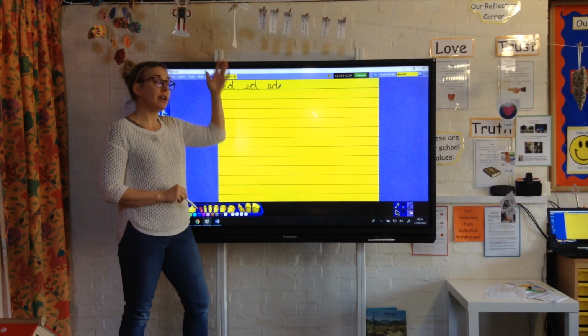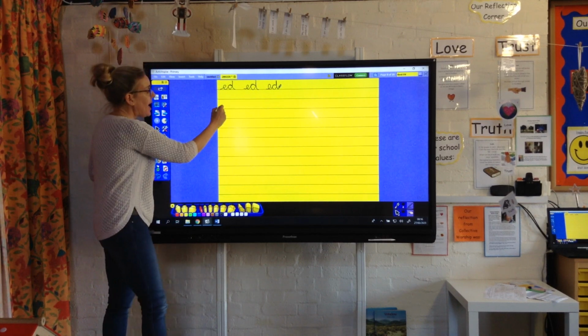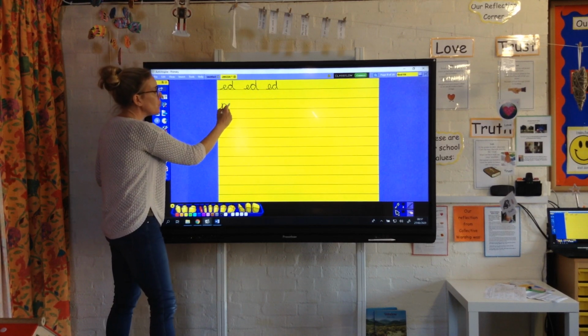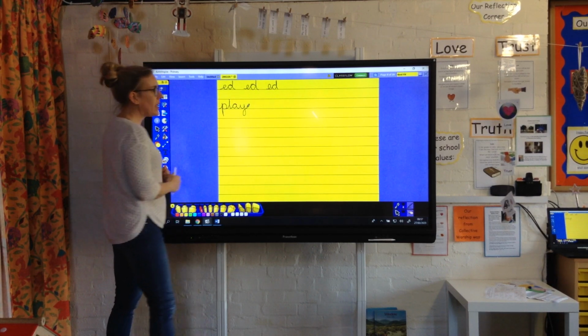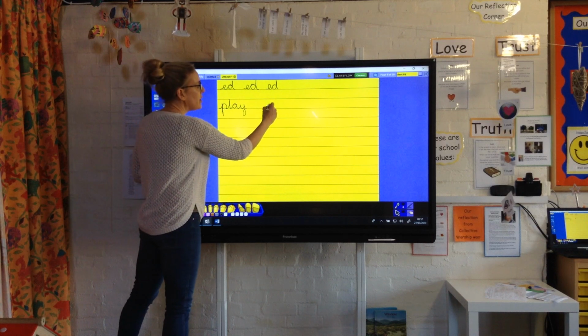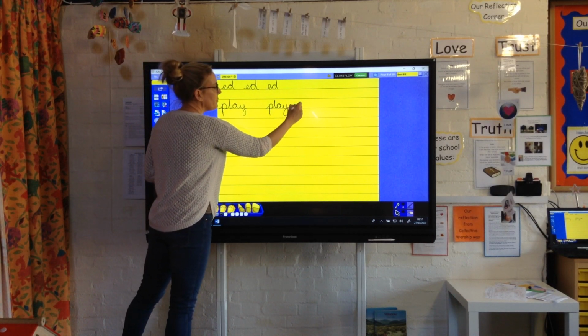Then have a go, and if you're just sticking to those first verbs, those regular verbs, write the root word. So if we're looking at play, the root word is the play part, and then write that word played out. Okay?